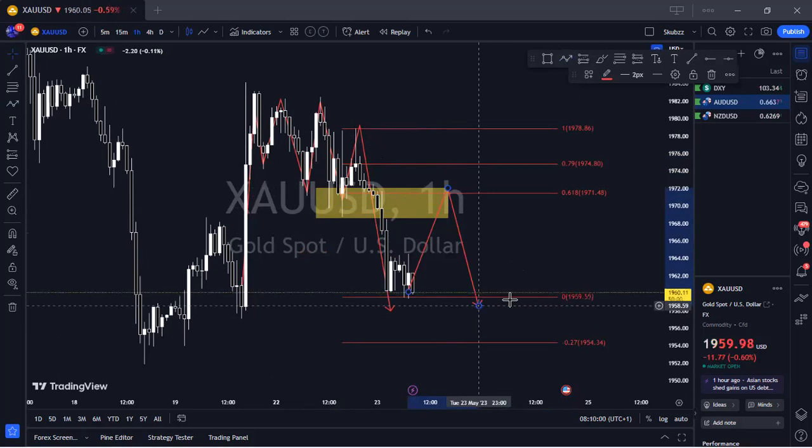Is there any other pair you guys want us to take a look at? Currently, the only pair that looks like a setup is actually gold. Any other pair you guys want us to take a look at before we go?